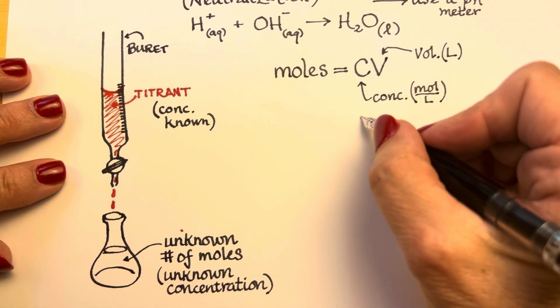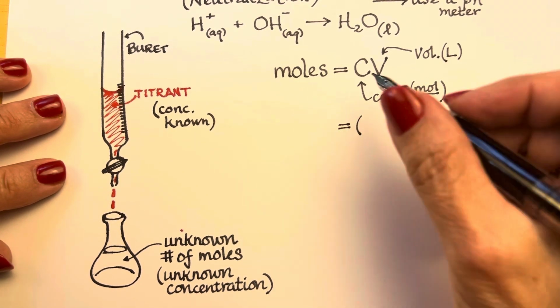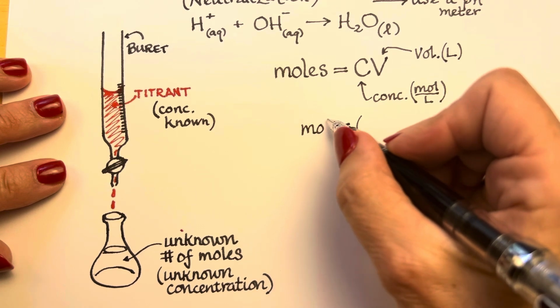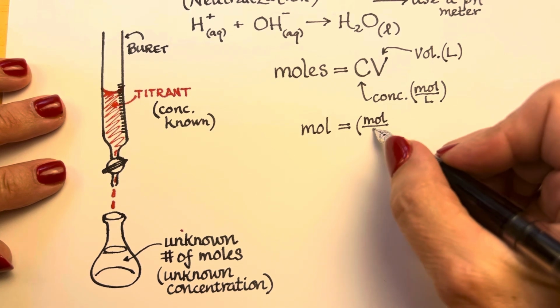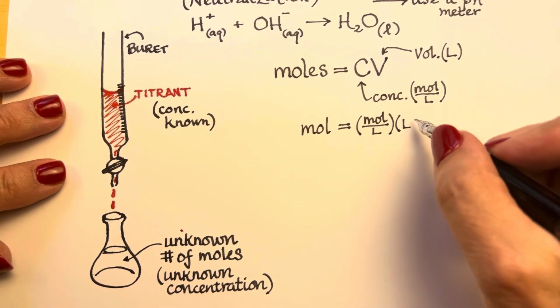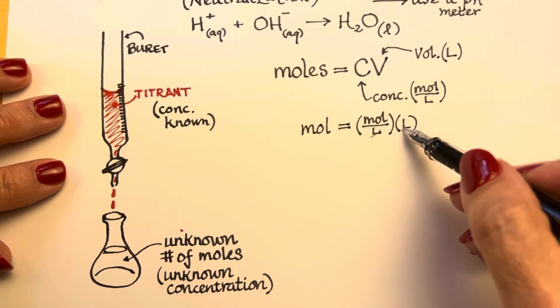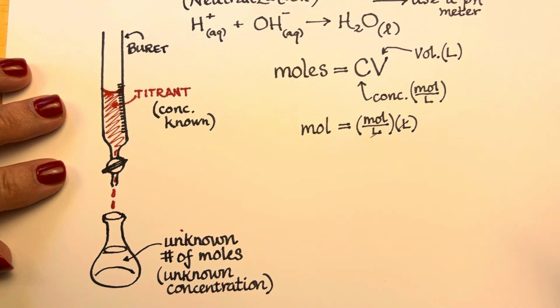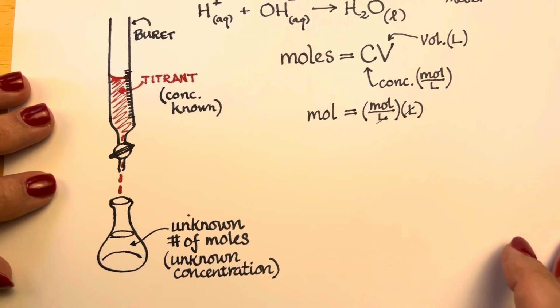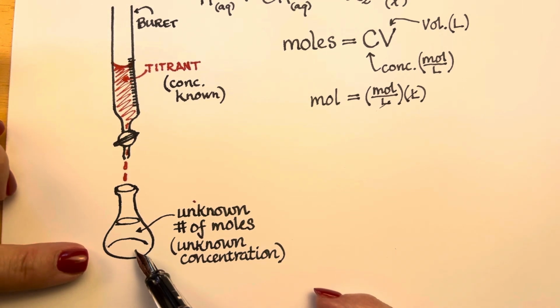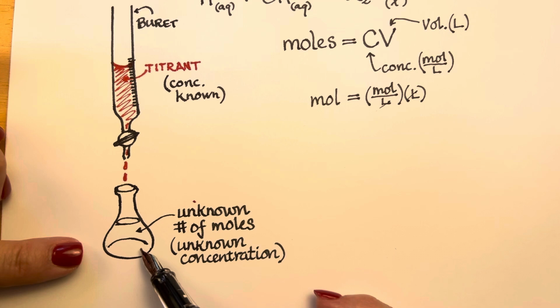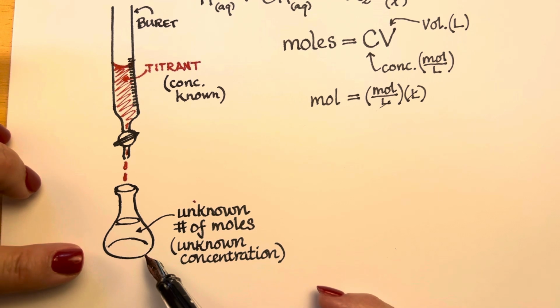We have concentration, I'll put this here, moles equals concentration, moles per liter, times liters. So we can see how liters cancel out, giving us moles. So here in our flask, you can either put in a solid, or perhaps you've weighed it out, and you're trying to figure out how many moles.